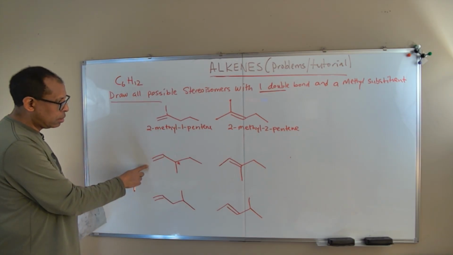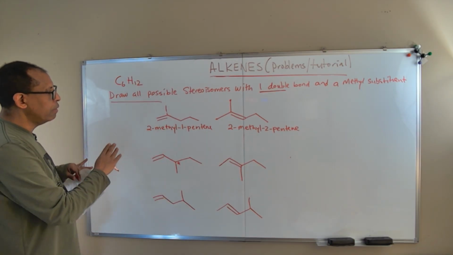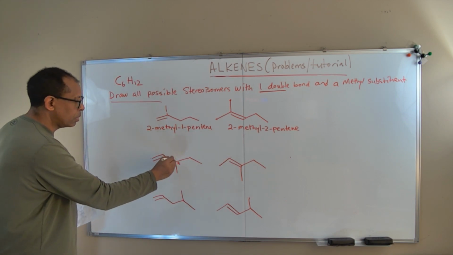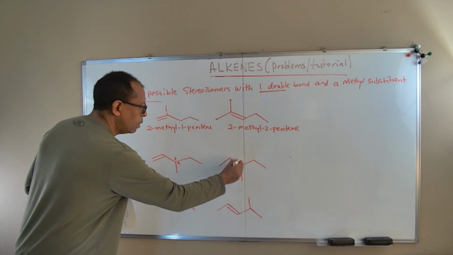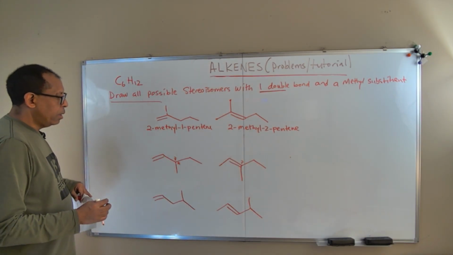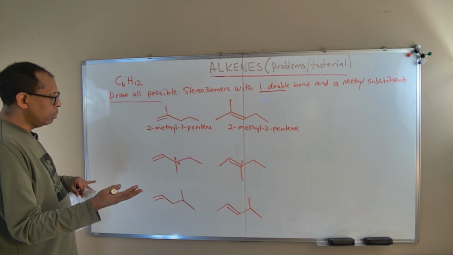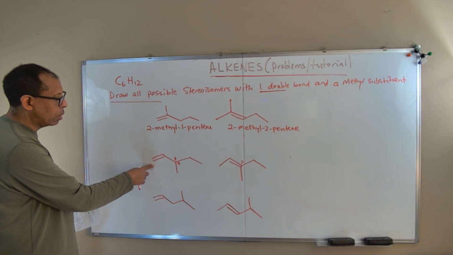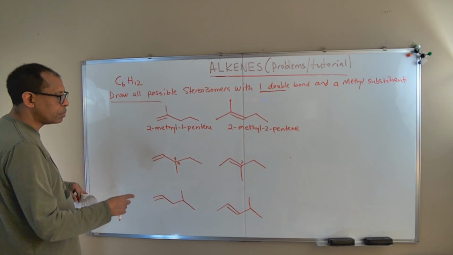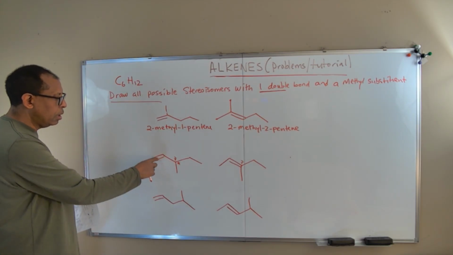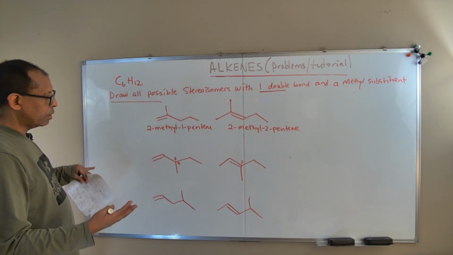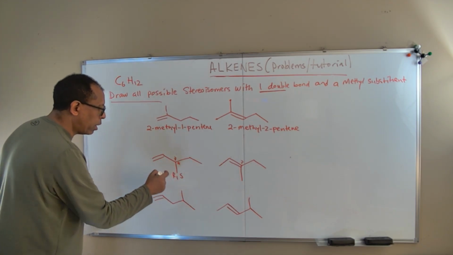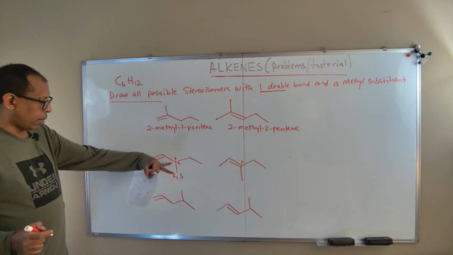In the second row, what I did is I shifted the position of the methyl group to the 3 position, and also that possibility would give me for the alkene to be at 1 position or at 2 position. So at 1 position, the only stereoisomer that we can have is the R or S stereochemistry on carbon number 3.